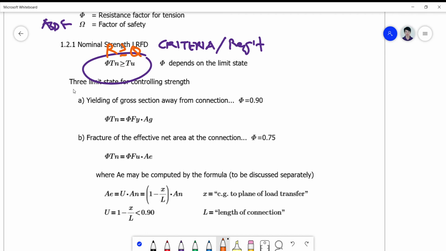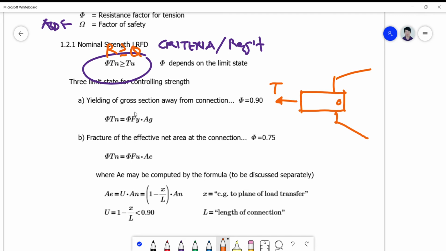Okay, so in tension members, these are the significant limit states we ought to consider. The first one is the yielding of the cross section which is away from the connection. What does this mean? If we have here two parts, a welded or let's say a bolted connection, this is now your member, which is subjected to a tensile force.